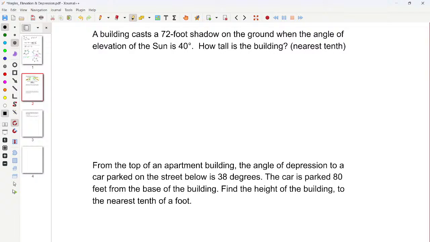So as I said earlier, I consider it like a trigger phrase. I see that, boom, draw a picture. Not with a highlighter, though. Shadows live on the ground. Here's the building.